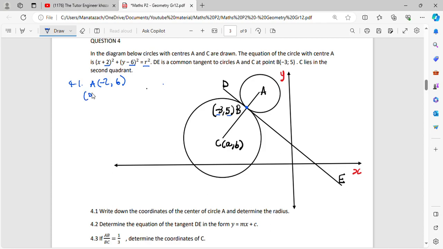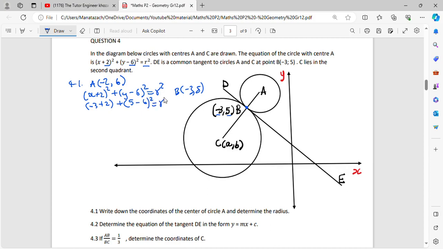Let's write the formula for circle A first, as it is equal to r squared. So using point B, we'll replace x by the x coordinate and y by the y coordinate.